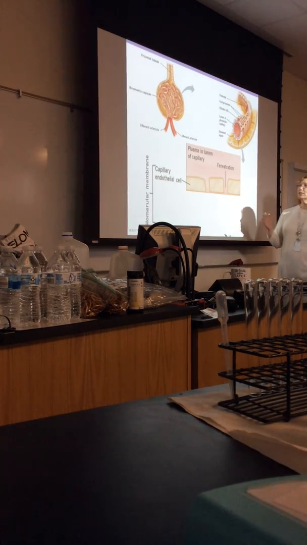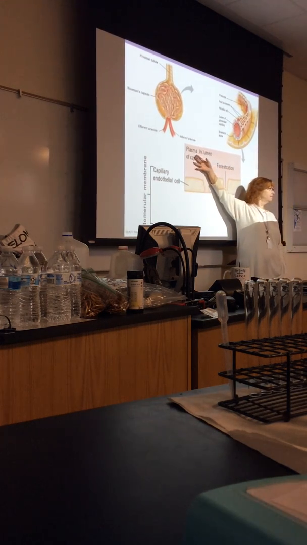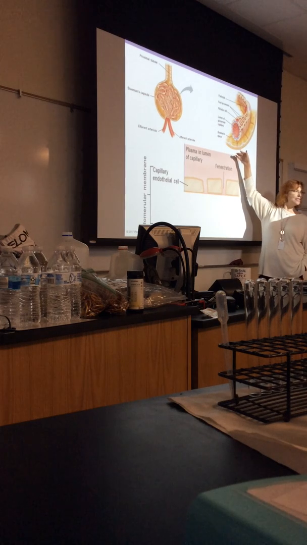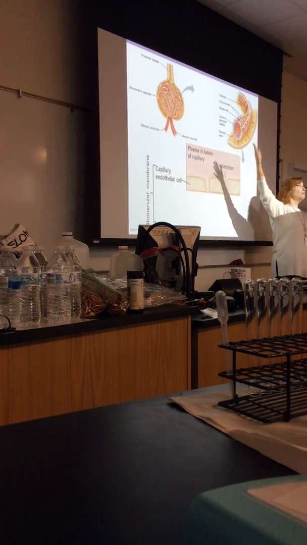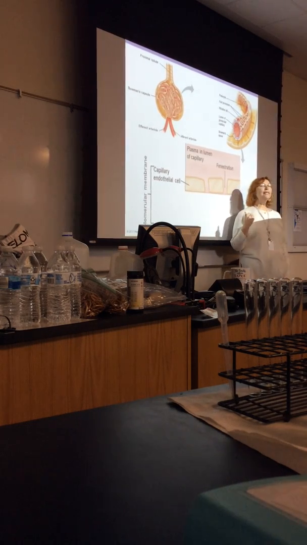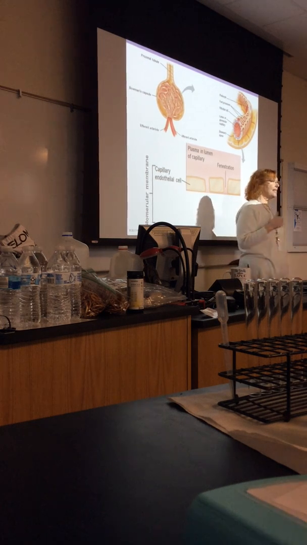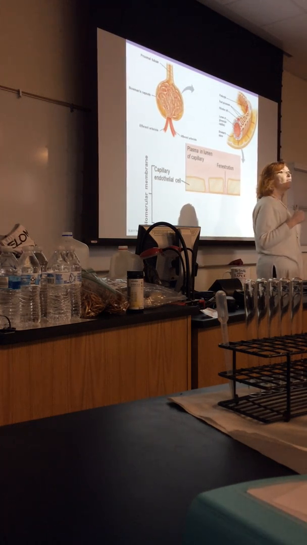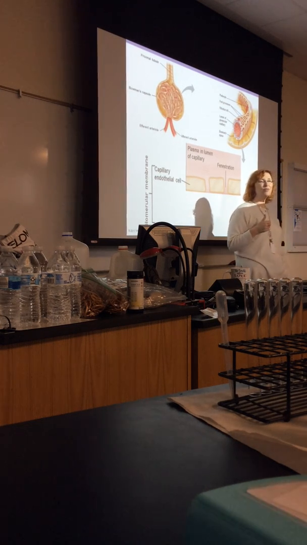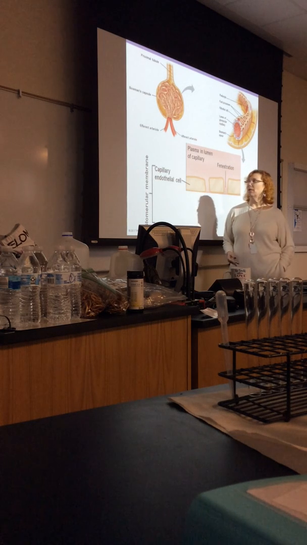So, when we look here, here's my capillary. And this is the plasma, meaning the fluid and the proteins that's inside my capillary. When we get to the kidneys, these are not continuous capillaries. These are fenestrated capillaries because we want to let through everything smaller than a protein because we want to get everything out that we can.